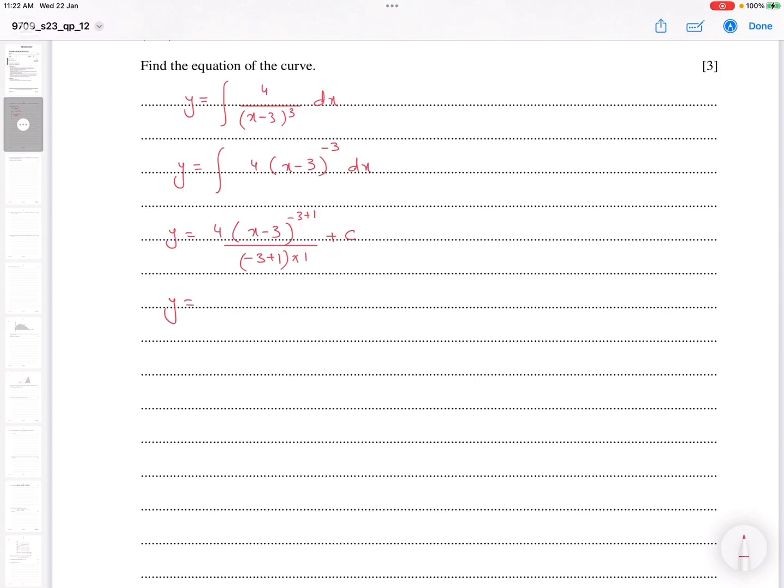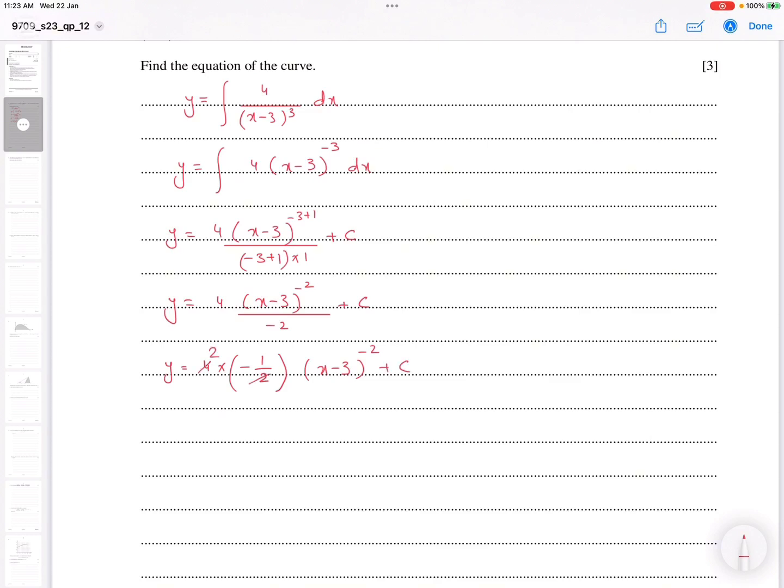So y equals 4 (x minus 3) power negative 2 over negative 2, plus c. Y is equal to 4 into, you can bring the negative sign with the 2, so it's 2 over 1, its reciprocal is 1 over 2, and (x minus 3) whole power minus 2 plus c.